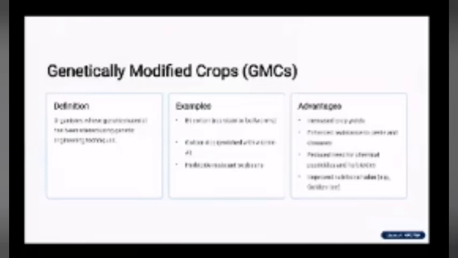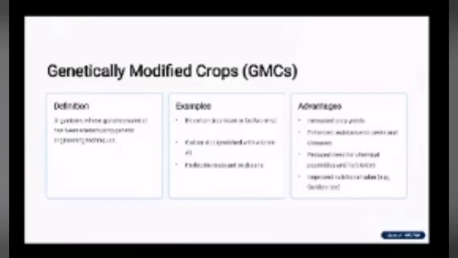They are crops whose genetic material is altered using genetic engineering techniques. Don't mind the grammar. What it simply means is using some key techniques, some steps, some procedures to modify something in the DNA of crops, in the DNA of plants, to get desirable qualities.